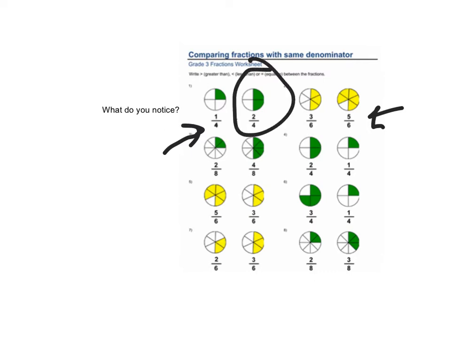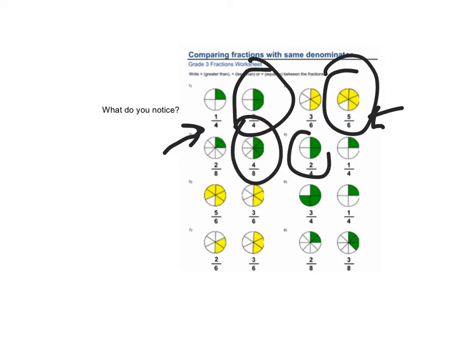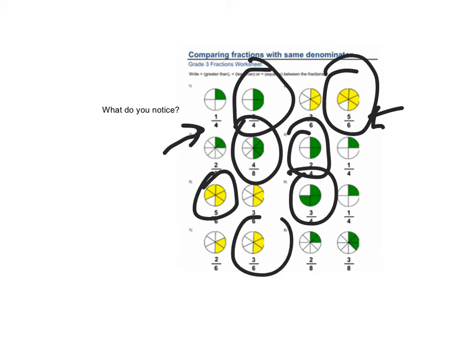So really you're just saying, which one is bigger, which has more color. I did that pretty quick, but hopefully that's right. So if I were to ask you, what do you notice about this?